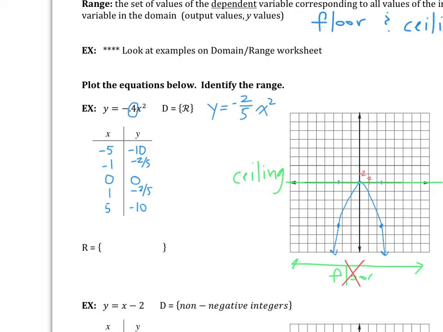Well, you should see that it's at y equals 0. And we have every y value accounted for below that ceiling. So the range of this graph is going to be my y values that are less than or equal to 0. Since I have no floor, it goes down, down, down forever.